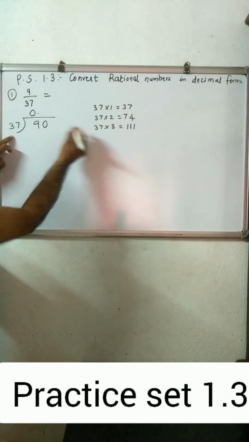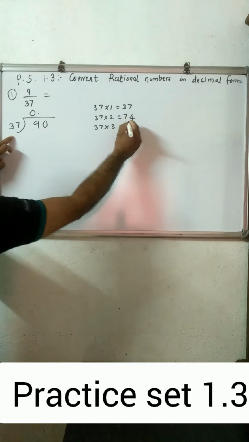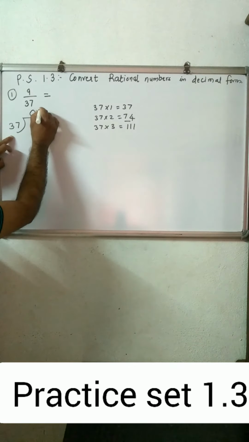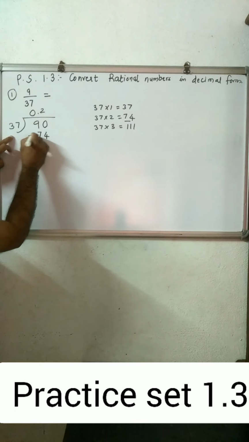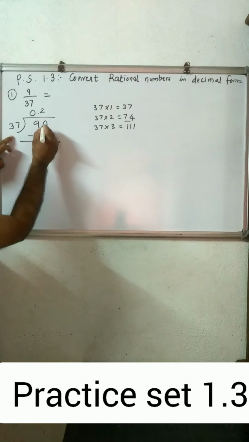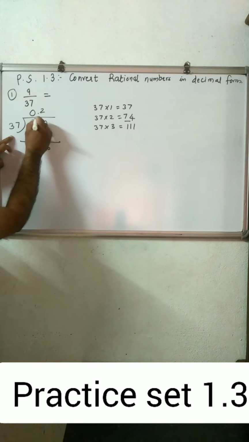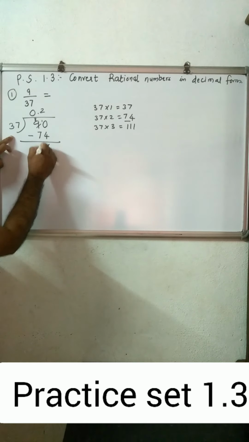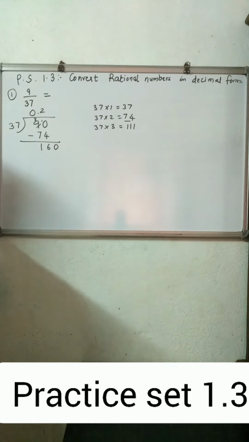So 74 is less than 90 and 111 is greater. So we will take 37 2s are 74. Subtract, 10 minus 4 is 6, 8 minus 7 is 1.